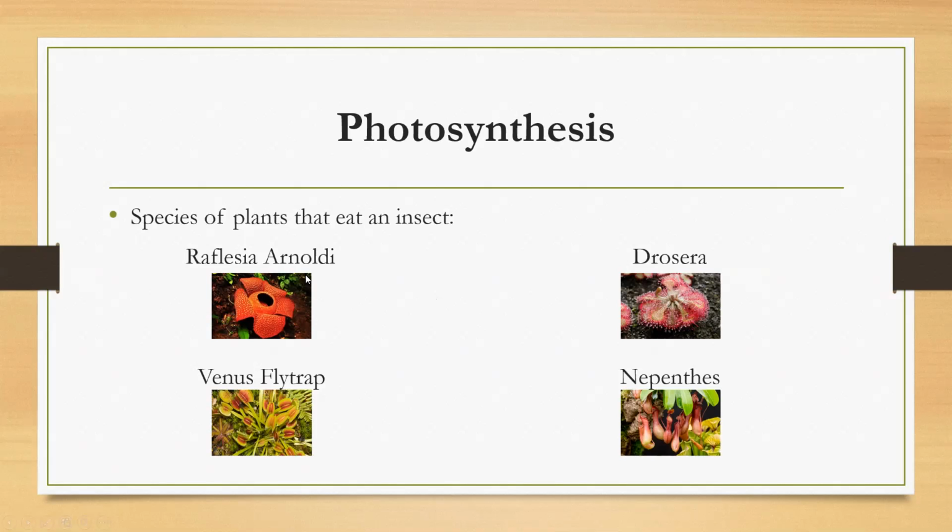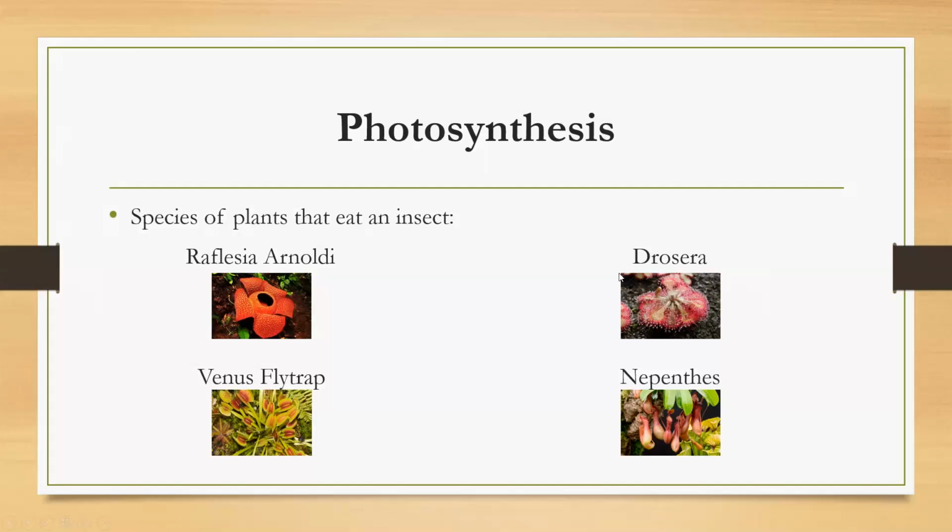As we know, Rafflesia arnoldi is a plant that eats insects. Maybe our teacher in junior high school or elementary school has explained Rafflesia arnoldi, and how it takes food, how it makes insects come into the flower, and so on.